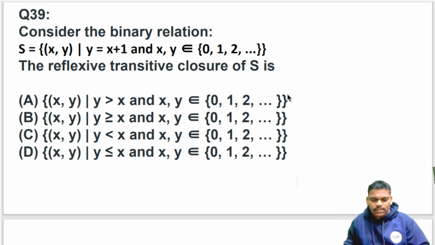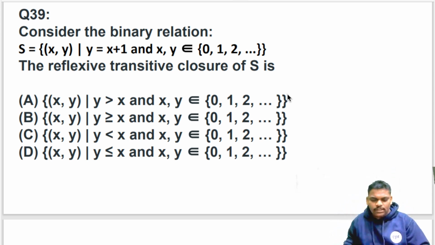So if you take x, y belonging to 0, 1, 2, let me ask you one thing. What is S? First of all, let me write S. S is equal to (x, y), where y is equal to x plus 1. Suppose if you take x as 0, y is 1.